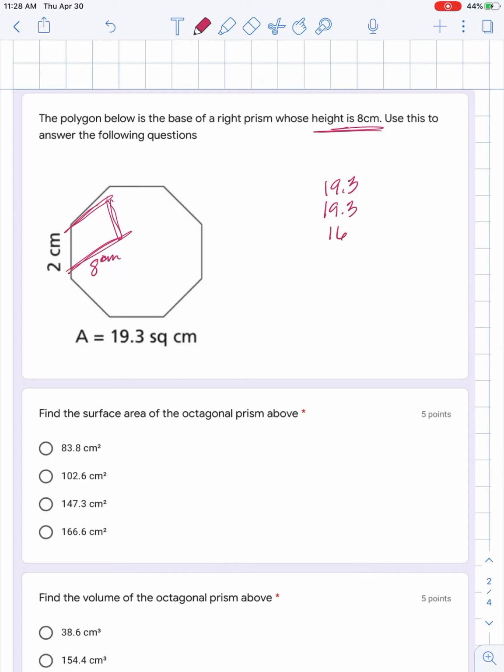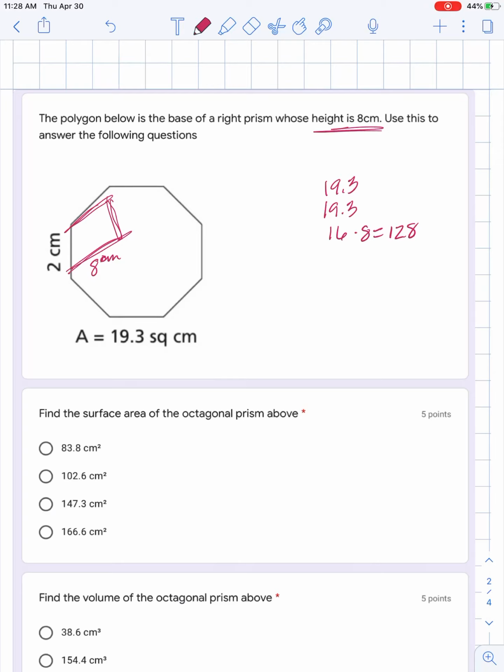There are 8 walls to an octagon, right? Because it has 8 sides. So 16 times 8 equals 128. So far the surface area of just the walls is 128 square centimeters. And then we also have to add that 19.3 twice for the top and bottom.